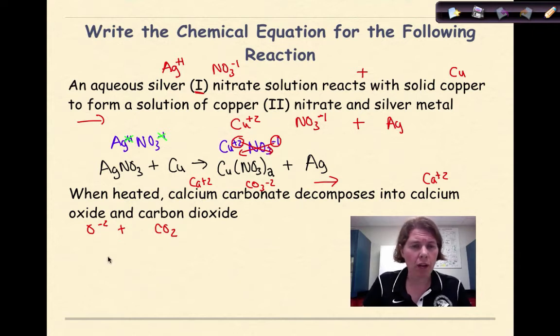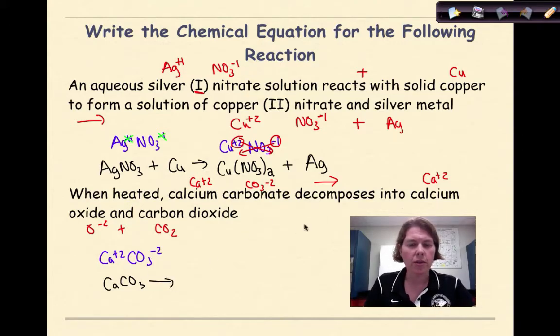So the first one I have is Ca plus 2, CO3 minus 2. So the plus 2 and the minus 2 are going to cancel each other out. So this is just going to be represented as CaCO3. And then decomposes, that's my arrow, into calcium oxide.